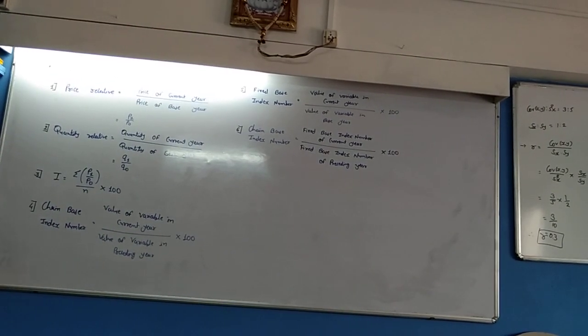FBIN convert to CBIN. So CBIN is equal to FBIN in current year divided by FBIN in preceding year into 100.